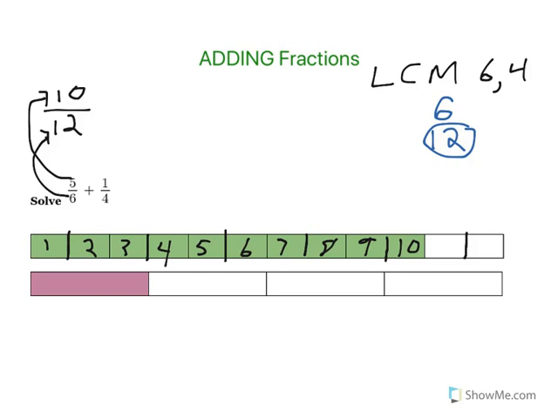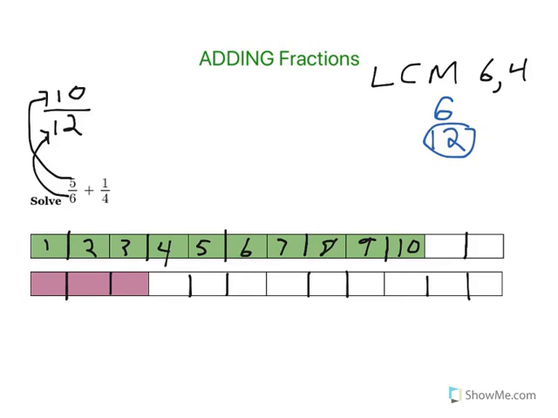If I wanted to separate the fourths into equal parts, I would have to separate each of those into 3 equal parts, because 3 times 4 equals 12. So I could separate each of my fourths into 3 equal parts. 1, 2, 3. 1, 2, 3.